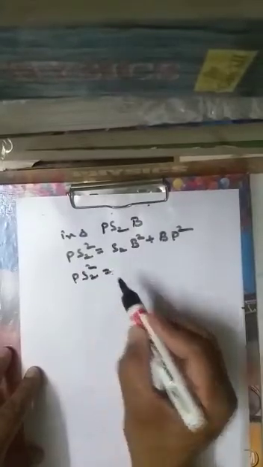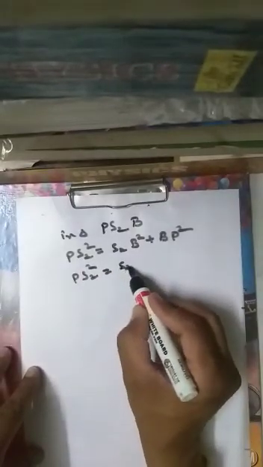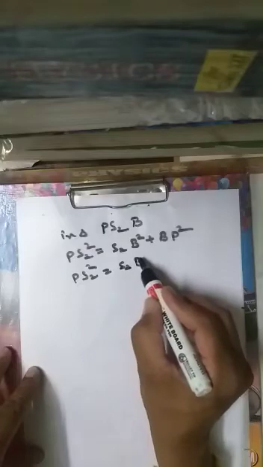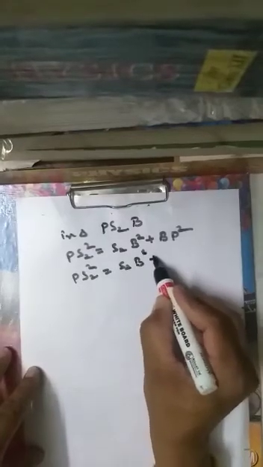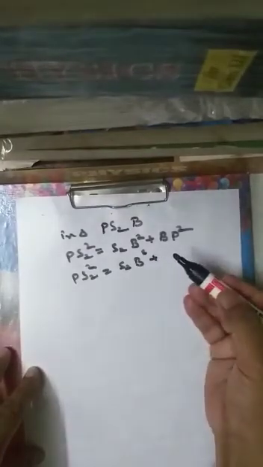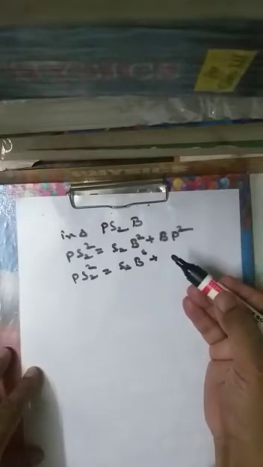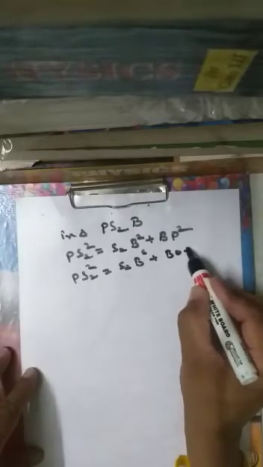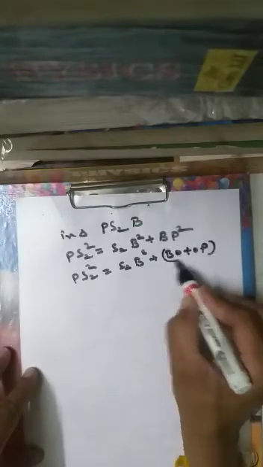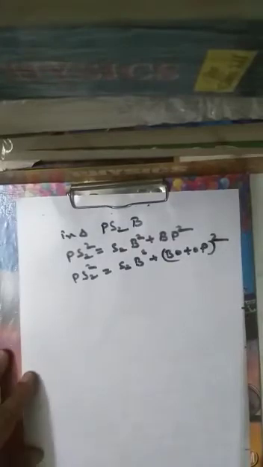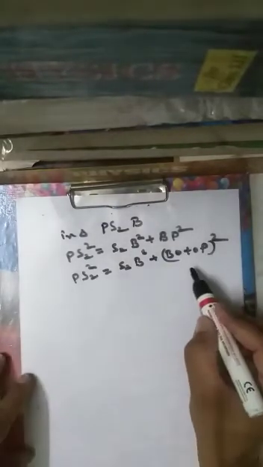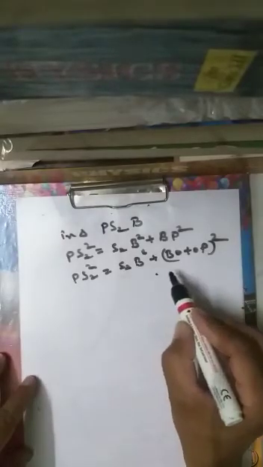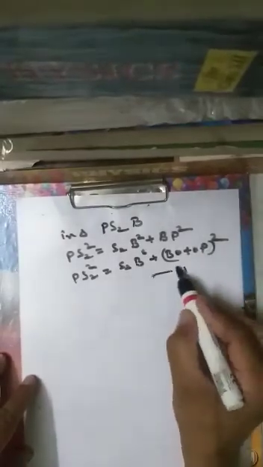PS2 square is equal to S2B square plus, from the diagram, BP is BO plus OP, whole square. This is equation number 1.